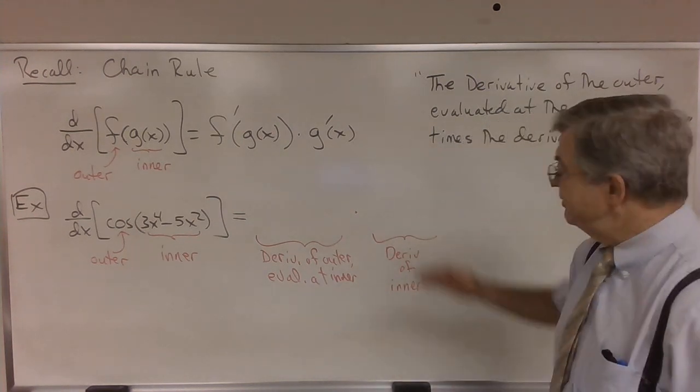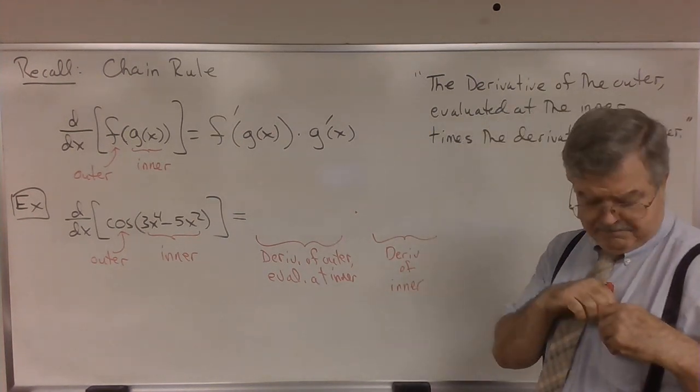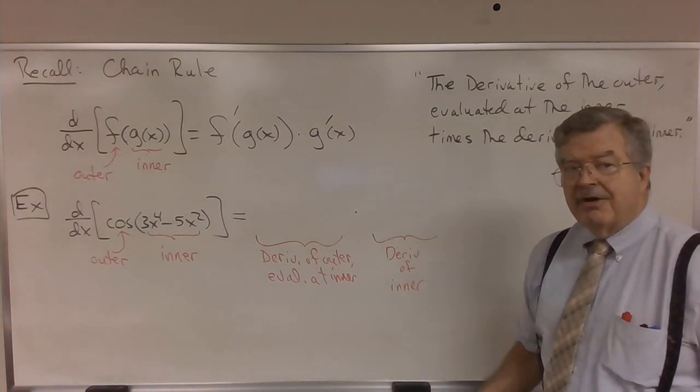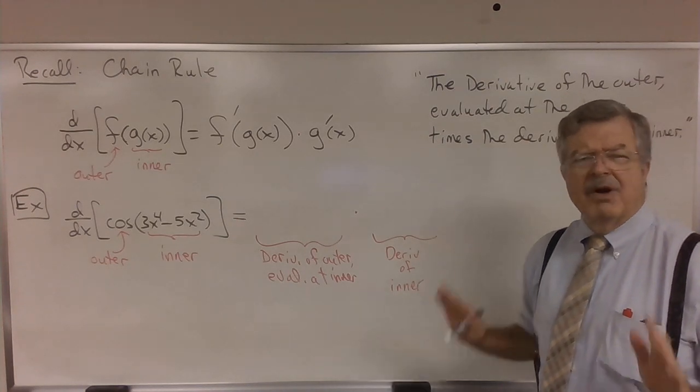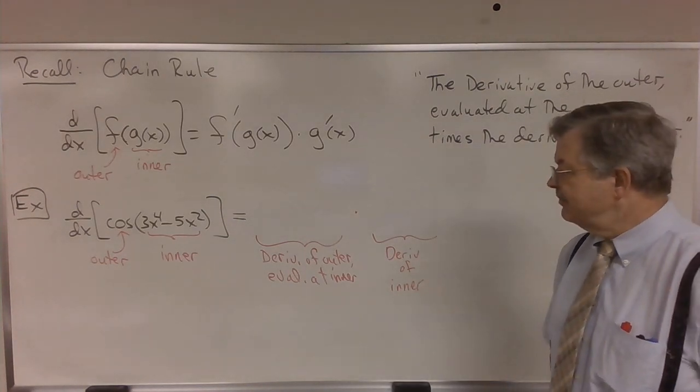So we have a nice template here that we can fill out. The problem's almost completely done already. Now that we have the template laid out, all we have to do is fill in the blanks.